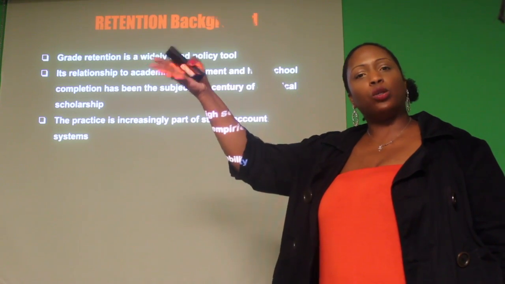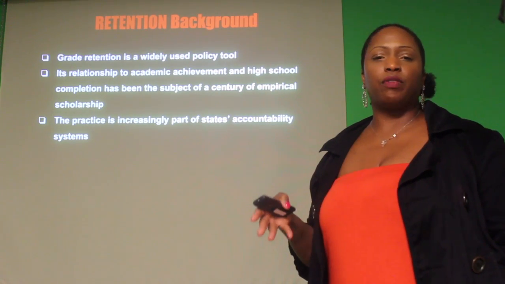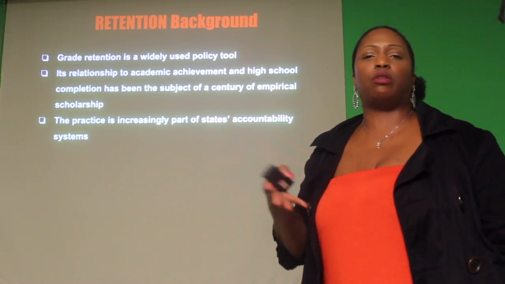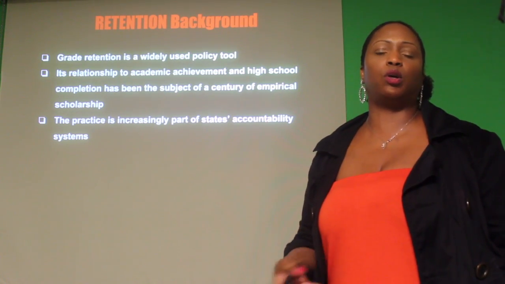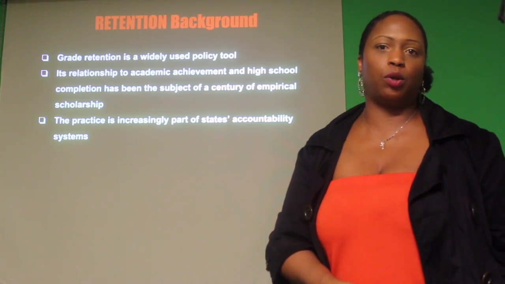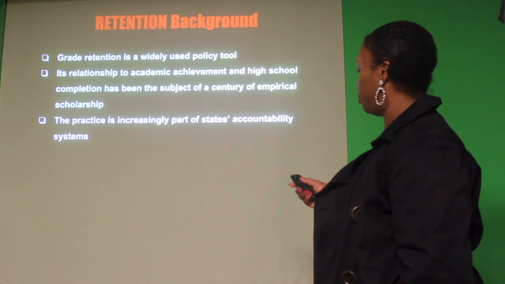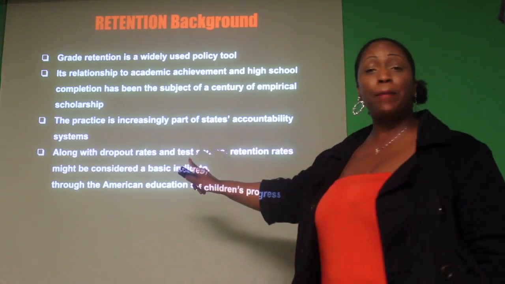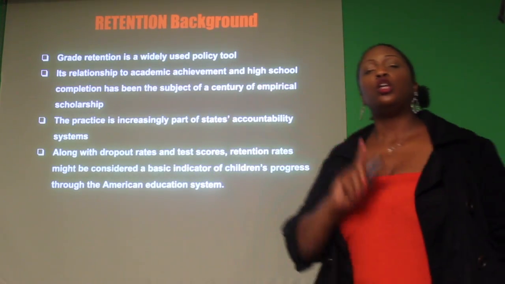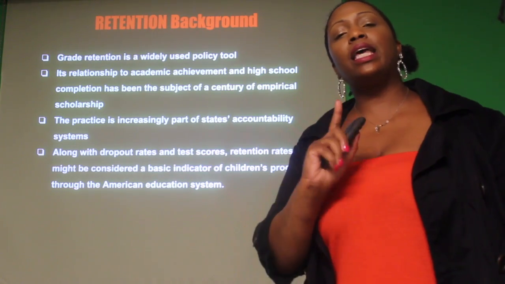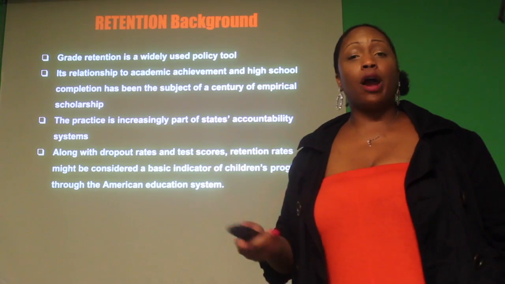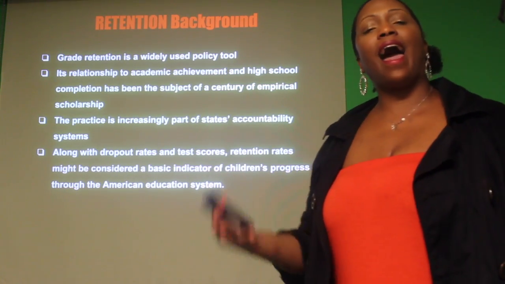The states are holding the local governments and Board of Eds accountable. The Board of Eds are holding the school officials accountable. School officials are holding teachers accountable. Teachers are holding students accountable, and parents simultaneously. And along with dropout rates and test scores, your retention rate can indicate how well a school or a child is doing academically.